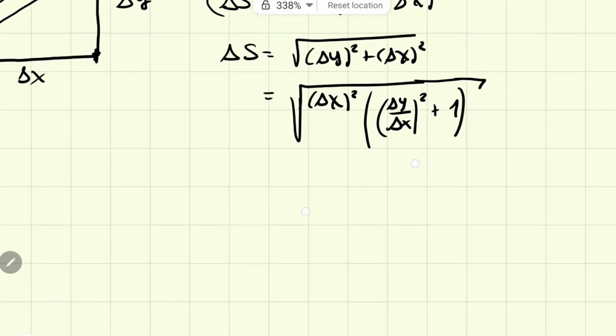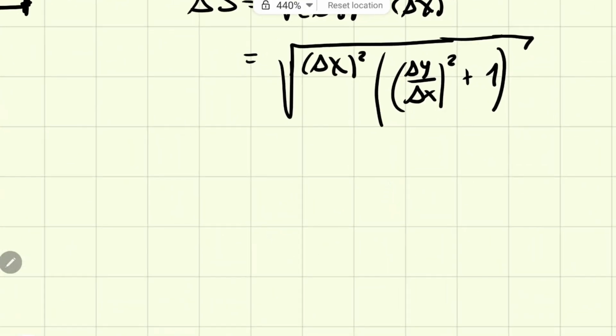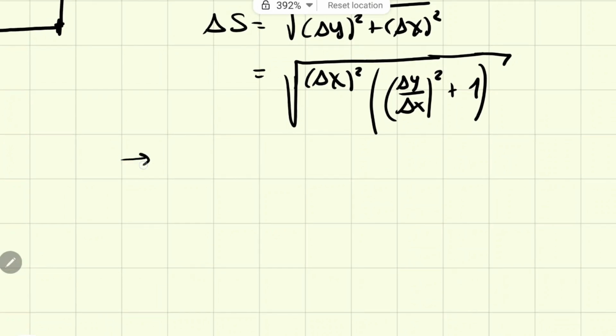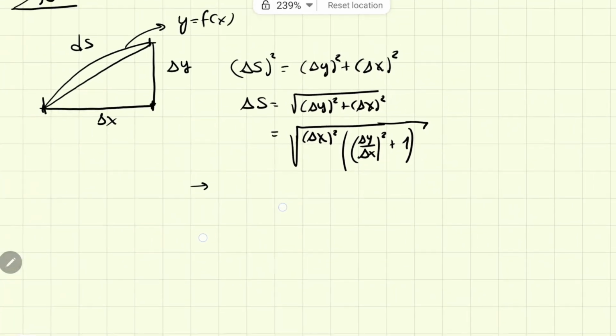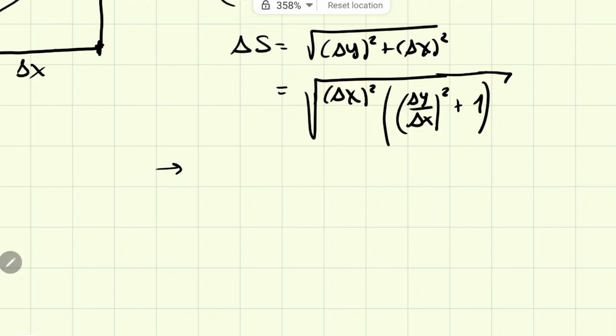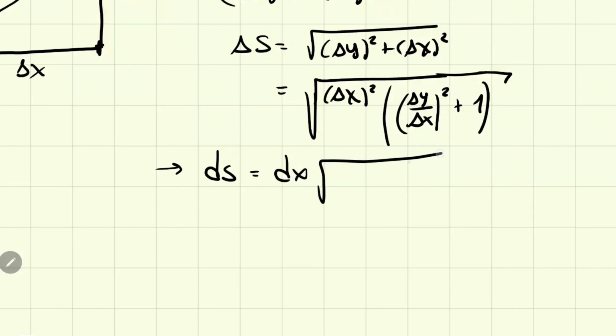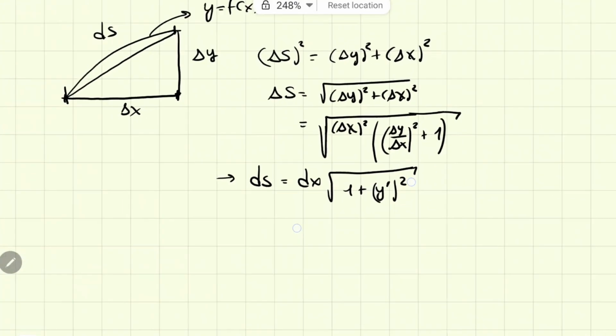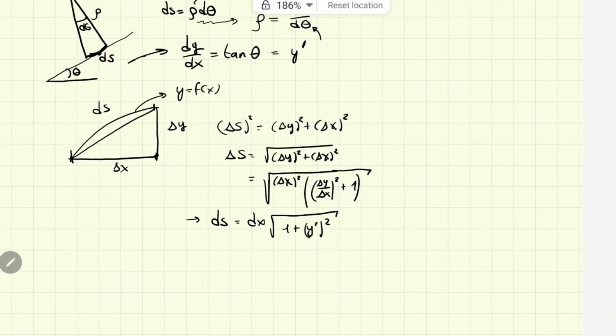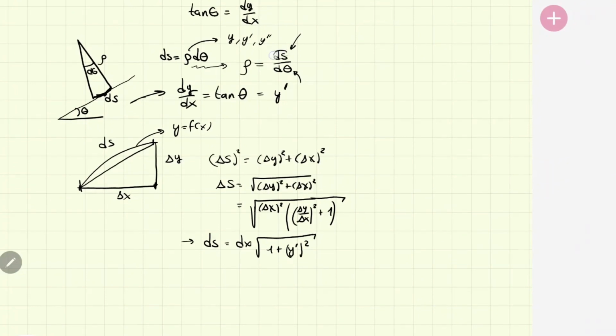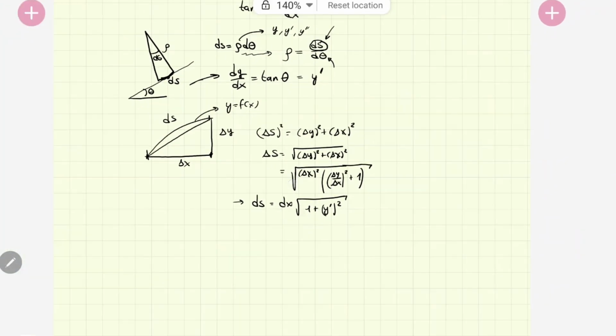If we see this in an infinitesimal way, by taking the limit as delta x goes to 0, this can be seen as ds equals dx times the square root of 1 plus y prime squared, right?